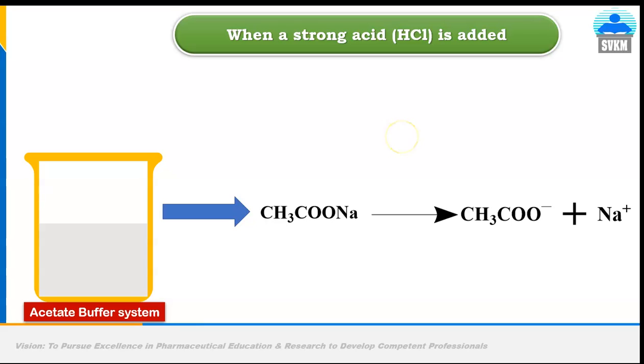This acetate ion combines with the proton released by hydrochloric acid into the solution.